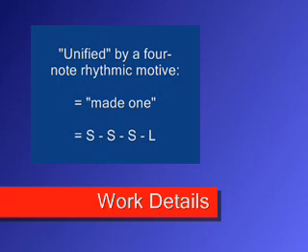That is, the composer has made an effort to relate all of the movements to one another, and he has done so by presenting a single musical idea, in this case a 4-note rhythmic motive, in each of the 4 movements. Basically, he states this idea at the beginning of the symphony, and you hear it again and again in each one of the movements, so they all seem to be somehow connected to each other and therefore made one.